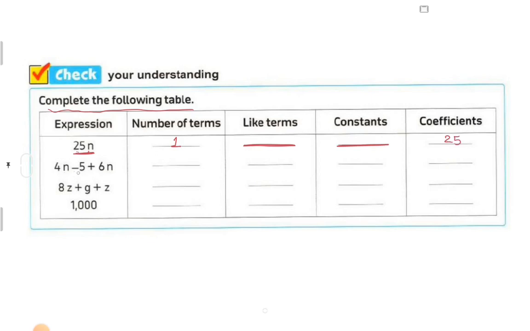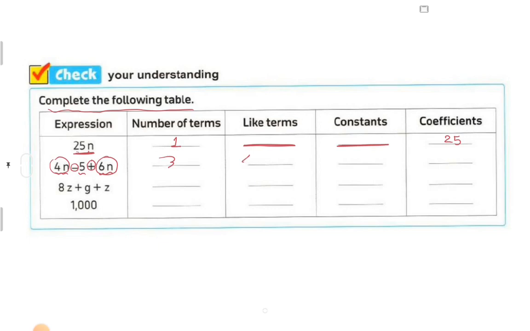4n minus 5 plus 6n. Number of terms here, where is the plus and negative? Okay, we have 1, 2, 3 terms. Like term, look here we have n and n, so this term is like this term.